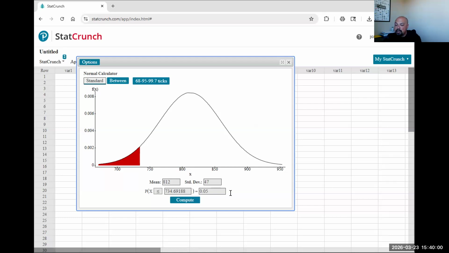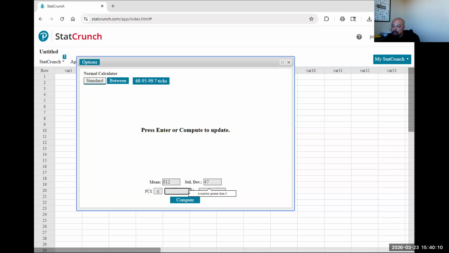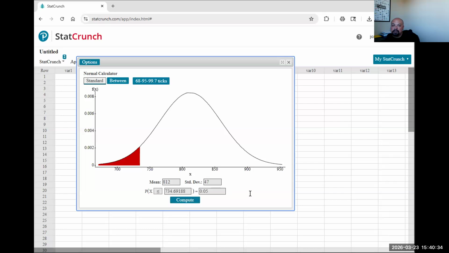So with our information, 812 for the mean, standard deviation 47, once more, I get rid of that amount, get rid of that area. Mean 812, 47 for the standard deviation, and 0.05, there's that area, that lowest 5%. Computing is going to give us that X value.